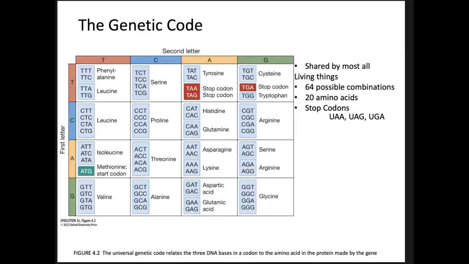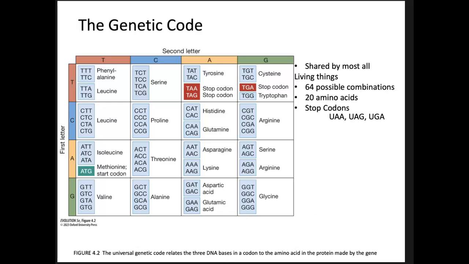Okay, so before we jump into protein synthesis, let's quickly visit the genetic code and talk about codons. So we have 64 possible combinations of codons for the 20 amino acids. That means there's redundancy. And that helps us because that means that we have some room to protect against mutation.